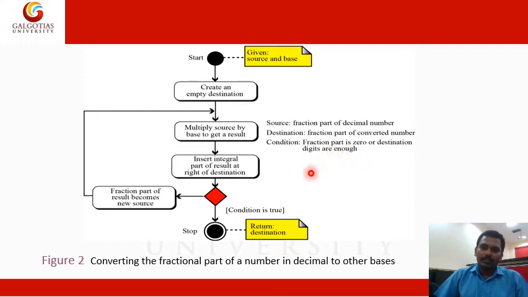When we reach this condition, we stop converting the fractional part of the decimal number system into the binary number system.